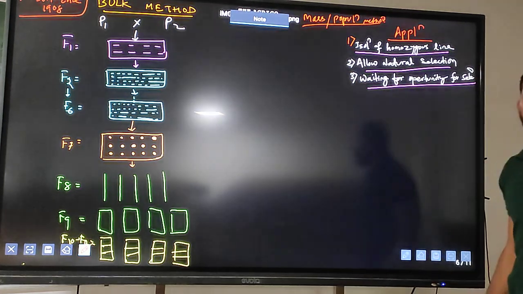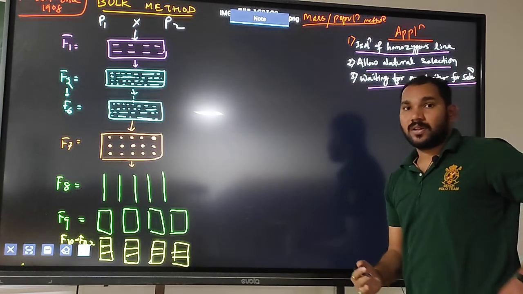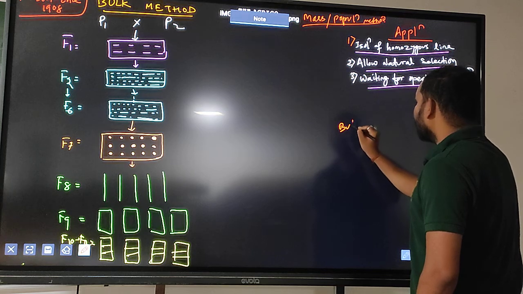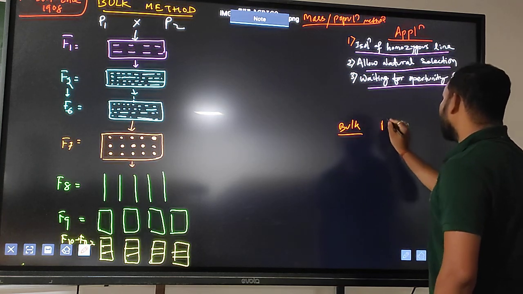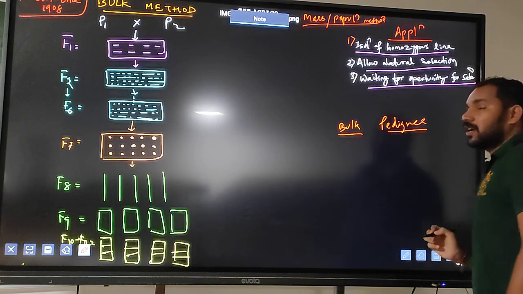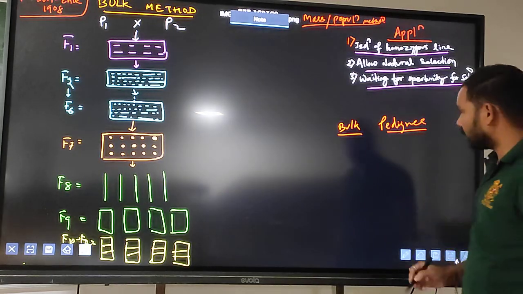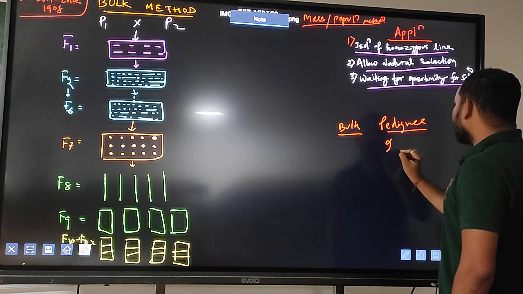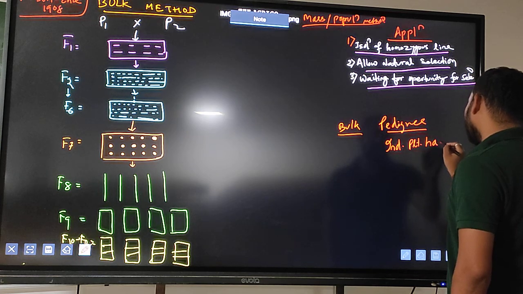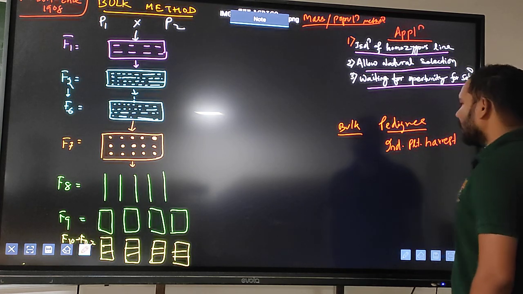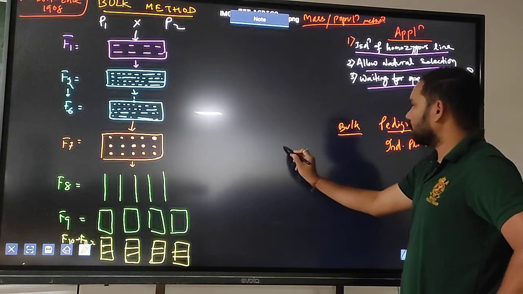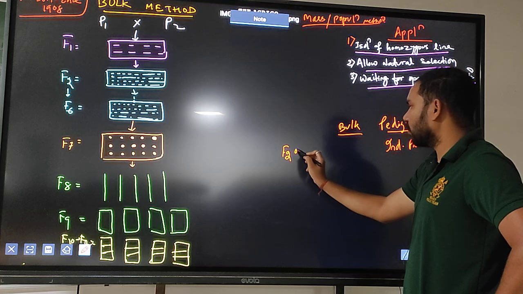So now, before coming to the bulk method, I will tell what is the difference between the bulk method and the pedigree method. I have already told what we have done in the pedigree method. We have gone for the individual plant harvest from F2 onwards, from the segregating generation F2 onwards.